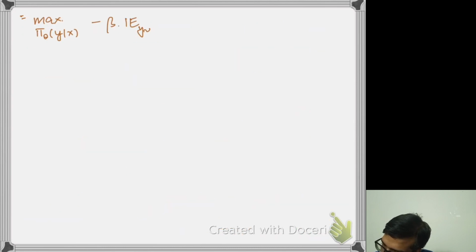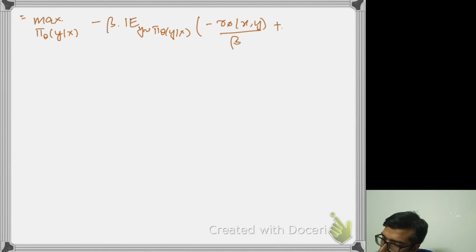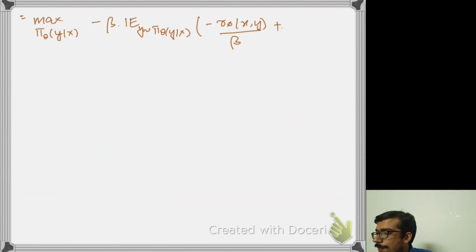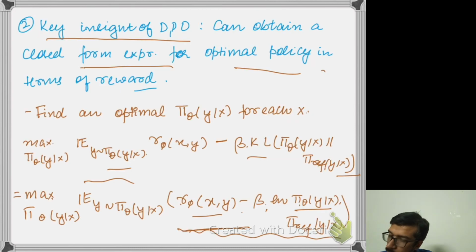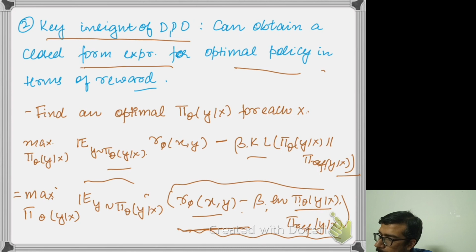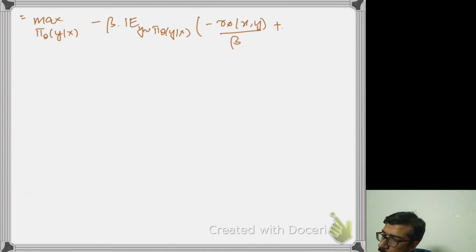So this is y sampled from pi theta of y given x, and this r phi term will turn to minus r phi of x, y over beta, and then this is plus log of pi theta of y given x over pi ref of y given x. So I have taken out minus beta from this whole expression, and I have also taken it outside the expectation by linearity of expectation. And what am I left with now? I am left with log of pi theta of y given x over pi ref of y given x.